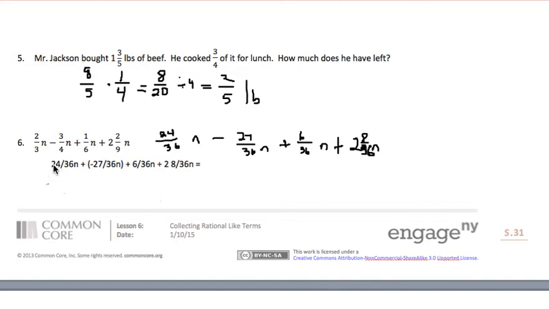If we have 24/36n and negative 27/36n, that would give us negative 3/36n. And let's rewrite the rest. 6 plus 6/36n plus 2 and 8/36n.